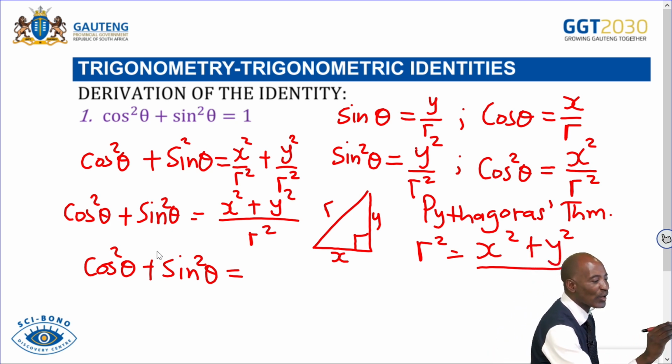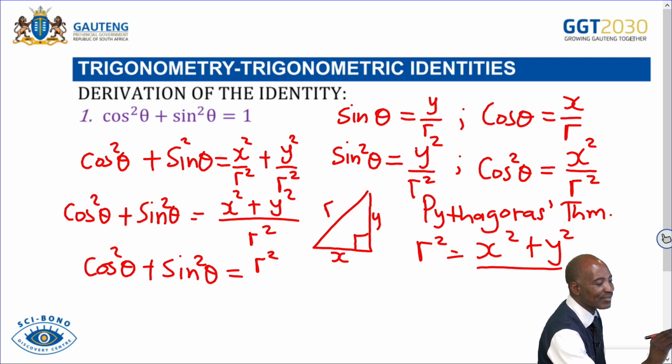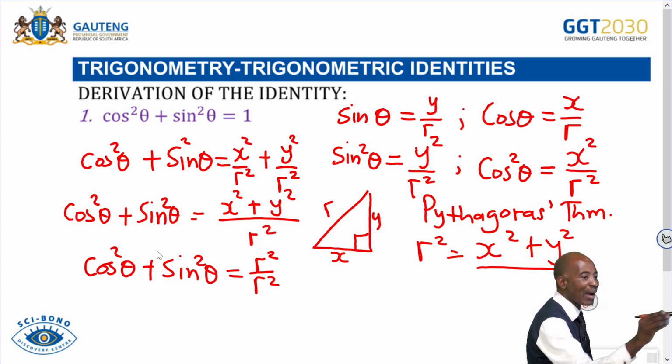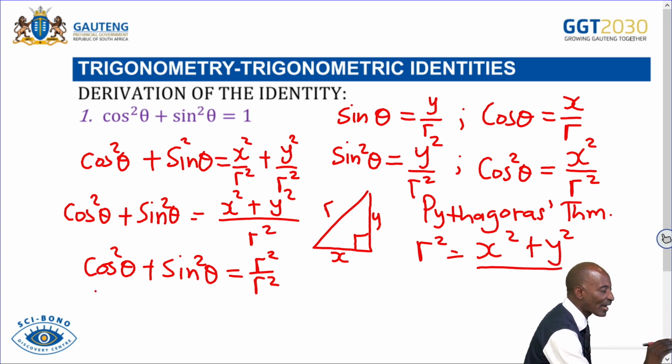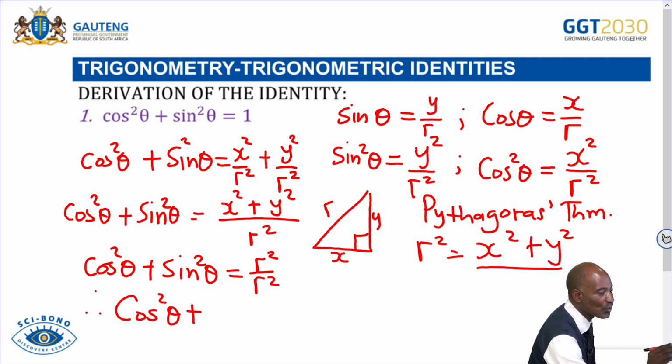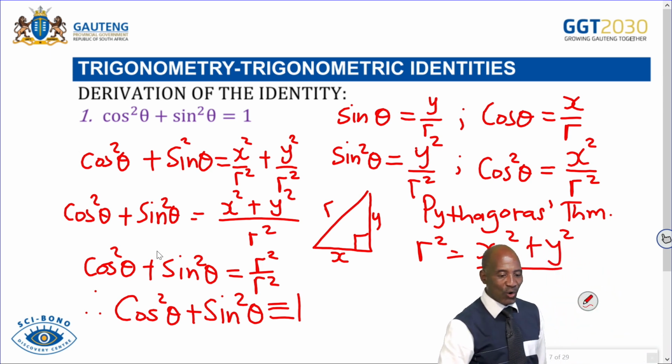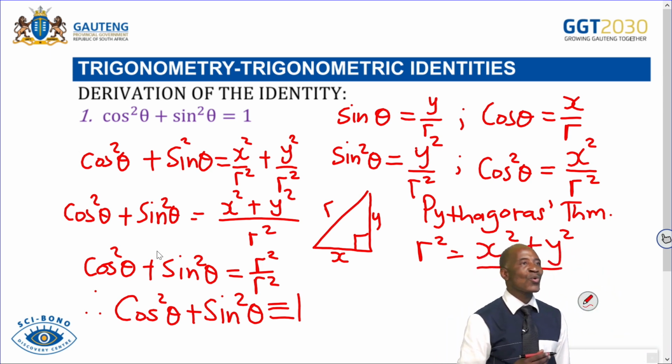So this is now going to be r squared divided by r squared. R squared divided by r squared is equal to 1. A number divided by itself is 1. Therefore, in conclusion, our cos squared theta added to sine squared theta is always identical to 1. It is always identical to 1.